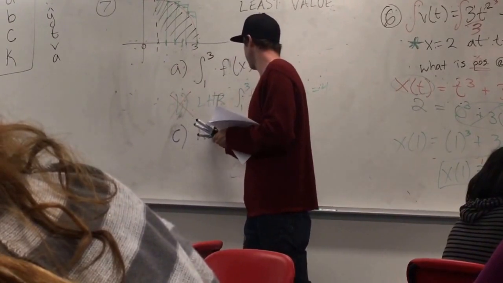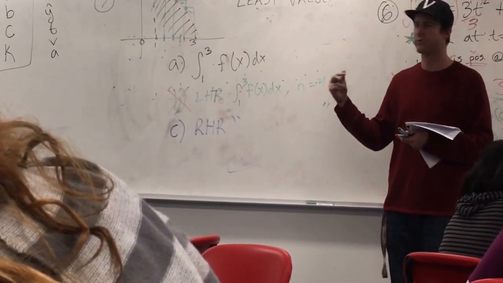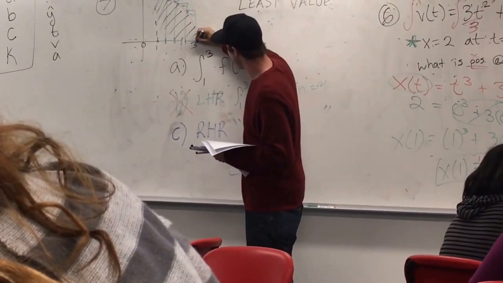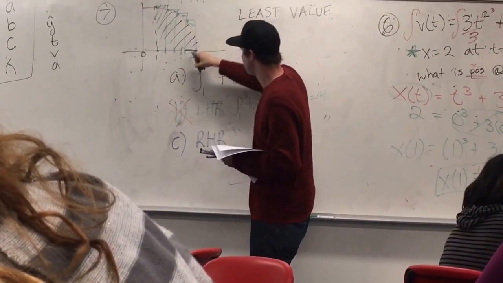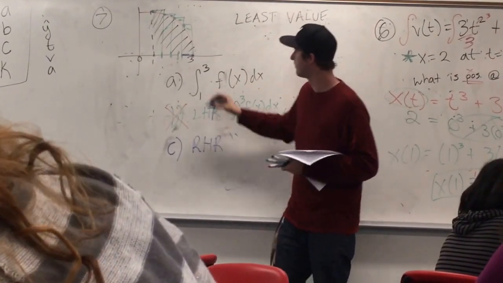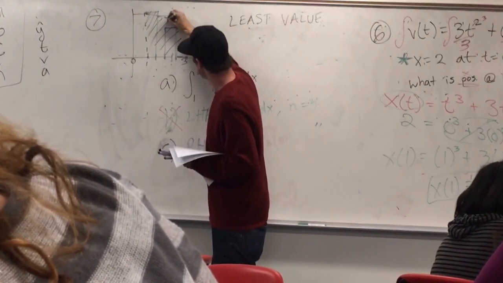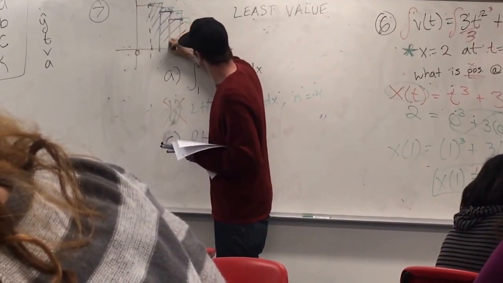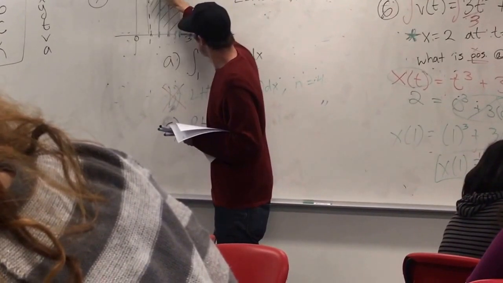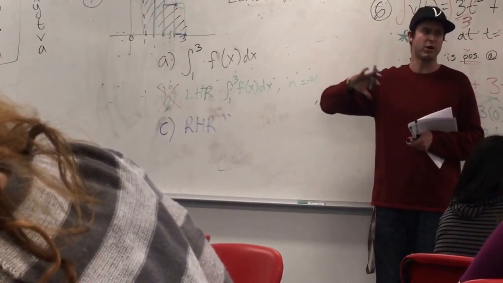C is a right-hand Riemann sum, same concept, but now I'm going from the right side. So I'm going to go here. This actually is 0. That whole rectangle will just be 0. Then I go from here, and I go from up here. You don't really have to draw this all the way out.